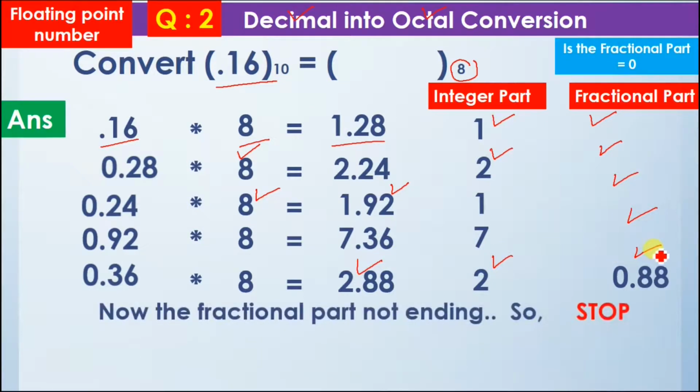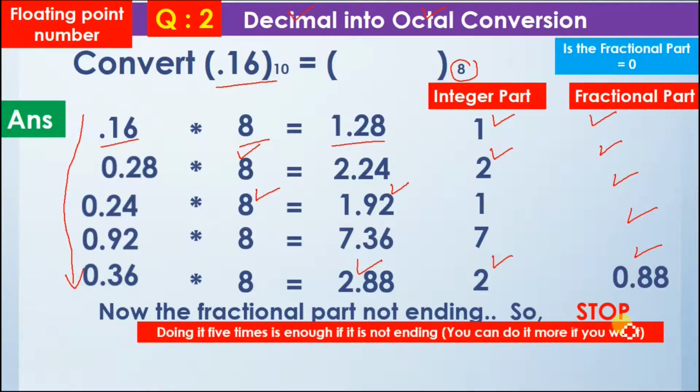Now we can see that the process is not ending and the fractional part is once again not 0. So we will stop the procedure after we do the steps 5 times. Otherwise it's a never ending procedure and it will keep on going. So we will stop it and calculate the answer by going from top till bottom in this direction.